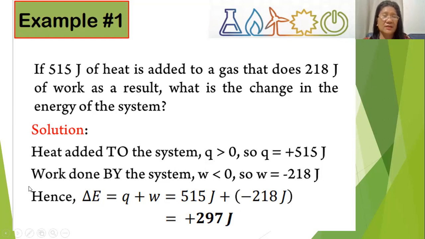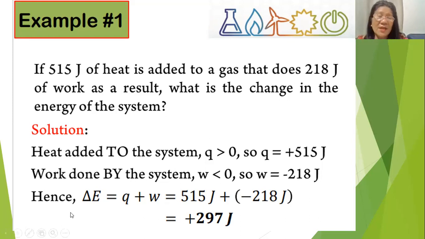Then, work done by the system. Take a look. That does 218 joule of work as a result. Kita gani kag as a result, meaning work is done by the system. Therefore, your work is what? Less than 0. So, your work here is negative. So, you should know the technique in knowing if your Q is positive or negative. Same thing with work.